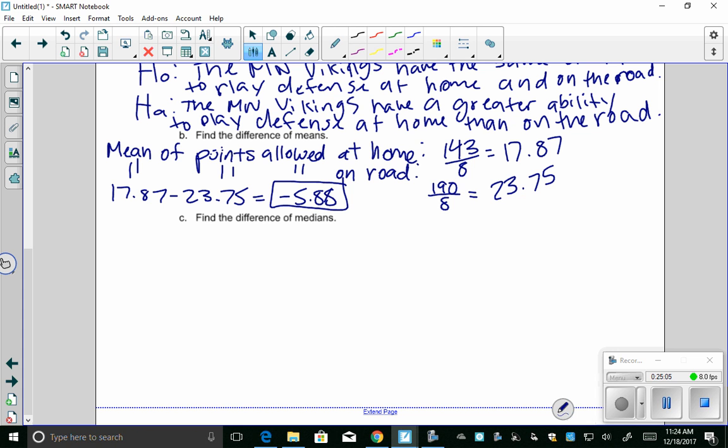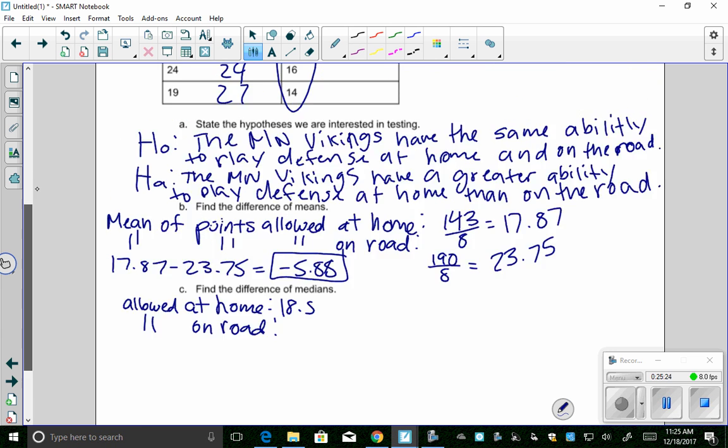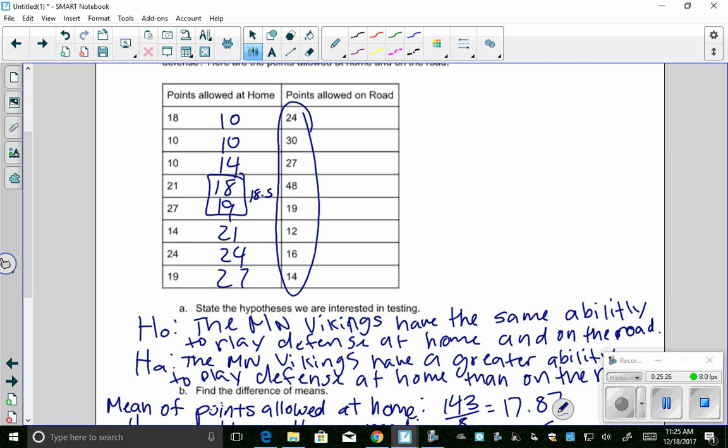Finding the difference of medians. So, points allowed at home, and now finding the median of points allowed on the road.